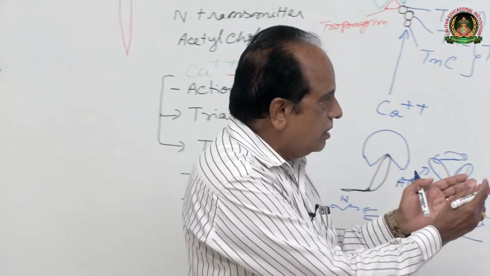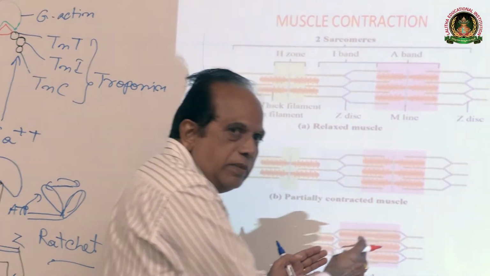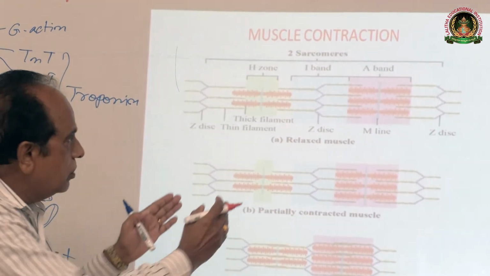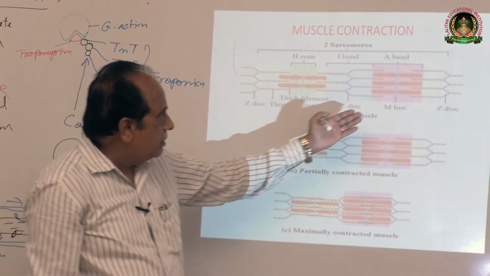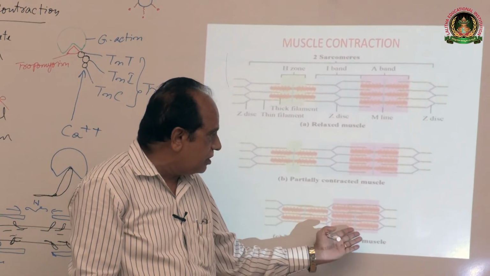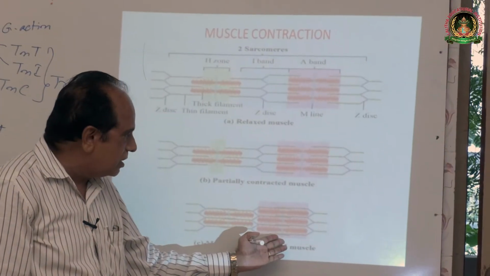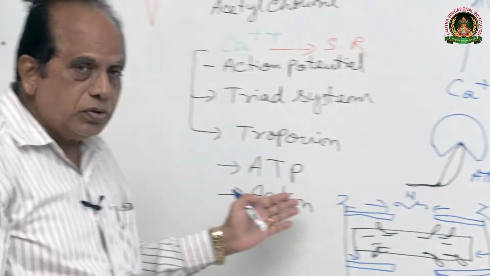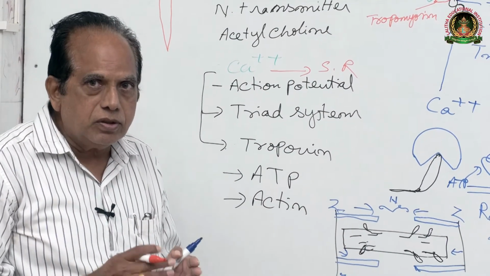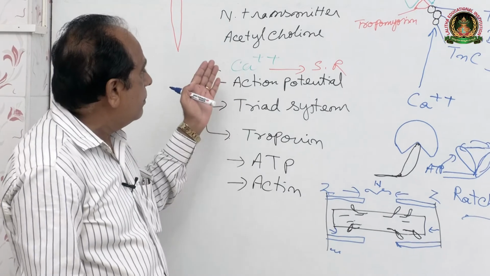And as a result, the actin filaments move to the original position. This is relaxation. So, this is the relaxed state of the muscle, and this is the maximal contracted state of the muscle. Whatever has occurred during contraction, during muscle relaxation, all those reactions occur reversibly.